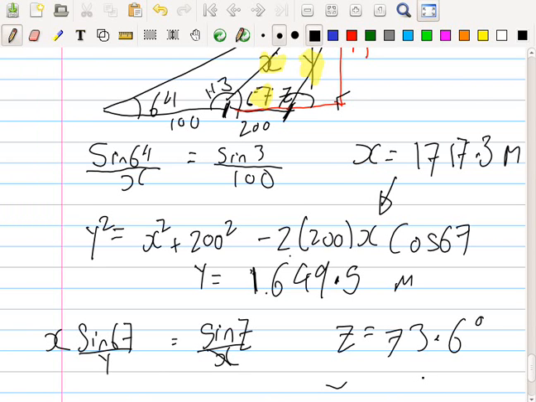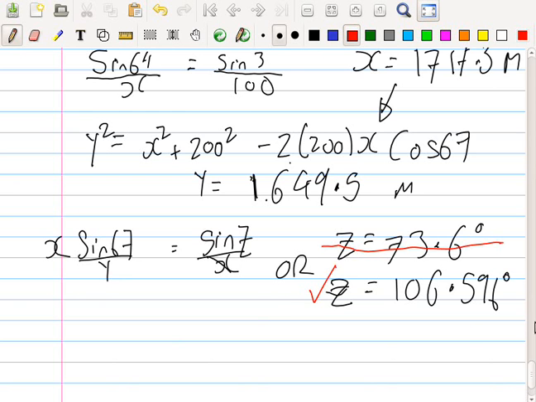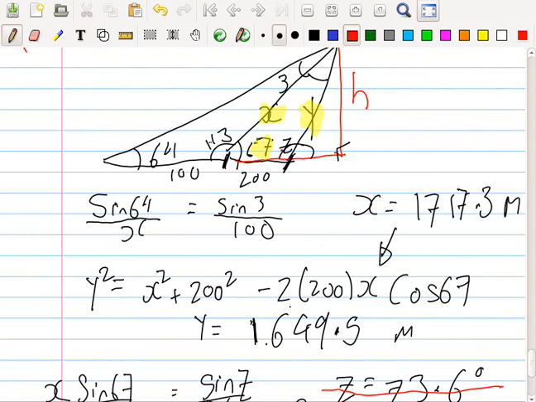Why is that wrong? z should be more than 90, shouldn't it? So how do I find the other answer for sine? Oh yeah, 180 minus the first answer. So z equals 106.596 degrees. Don't want this answer. I want this answer. And then this answer is 180 minus z.